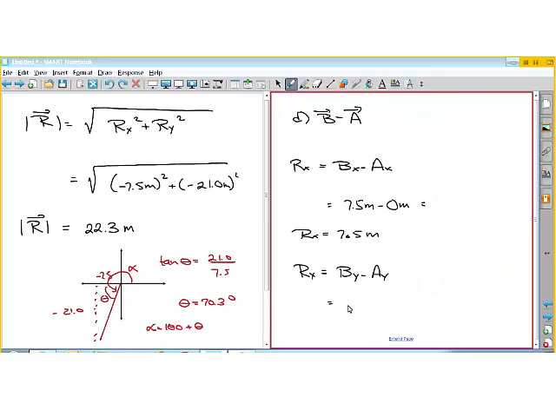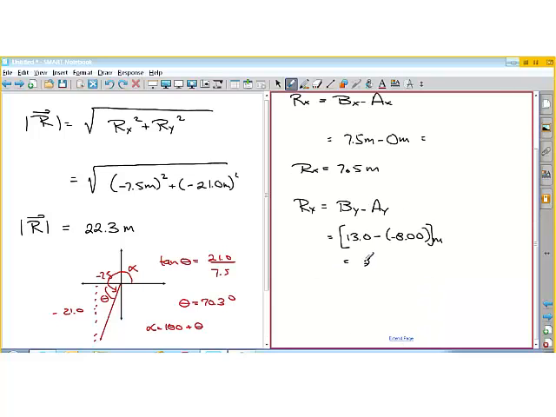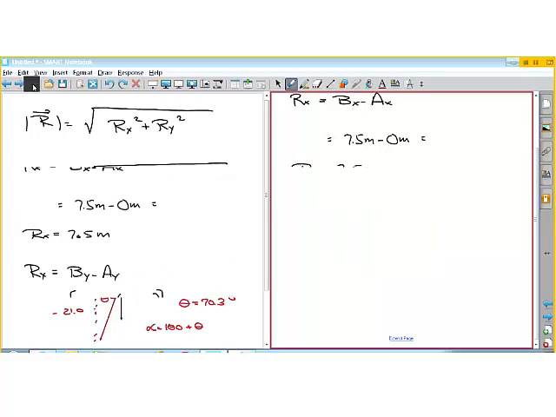Okay. So we're going to have 13.0 minus a negative 8 units. So you get positive 21 meters.